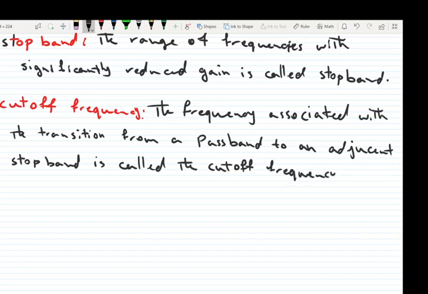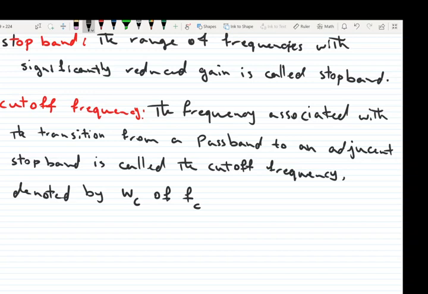We denote the cutoff frequency by omega of C or F of C. So if we see subscript C, it means that it is cutoff frequency.